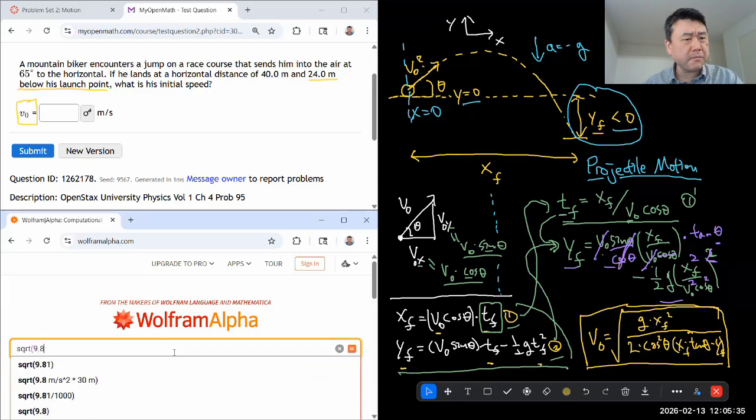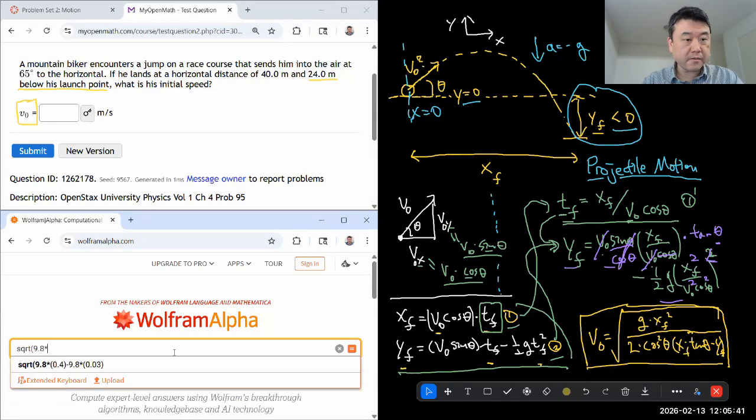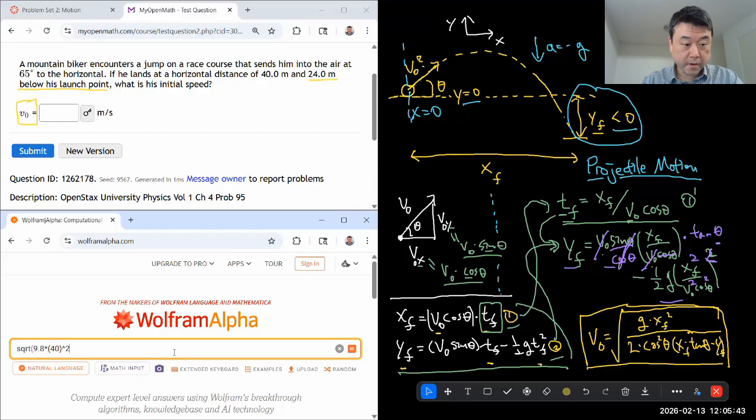I'm just going to plug in all the numbers in basic SI units and not put in the units, times x final 40 meters squared, divide by, and let me put parentheses around the entire denominator, 2 times the cosine of the angle, 65 degrees squared, times, I'm going to start a new parenthesis for that new group of expression, x final, 40 meters times tangent of the same angle, 65 degrees, minus, and then I'll plug in y final as a negative number, minus 24 meters.